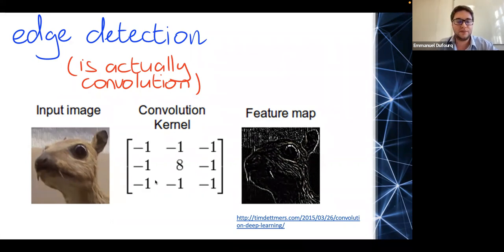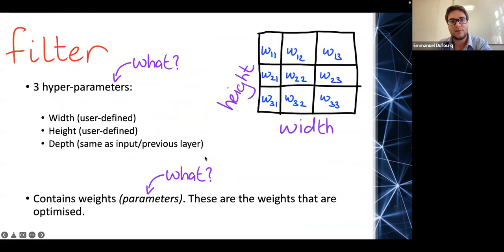There are many of them that have been handcrafted to create these feature maps. Many years ago, this is how researchers used to approach computer vision problems: they would manually design these filters to produce feature maps. But now with convolutional neural networks, we don't need to manually do this anymore. The algorithm learns this for us.